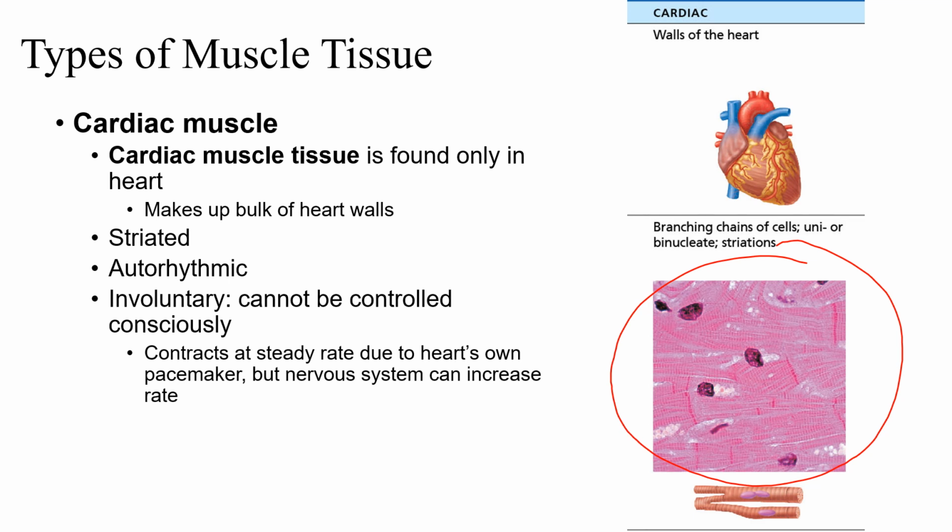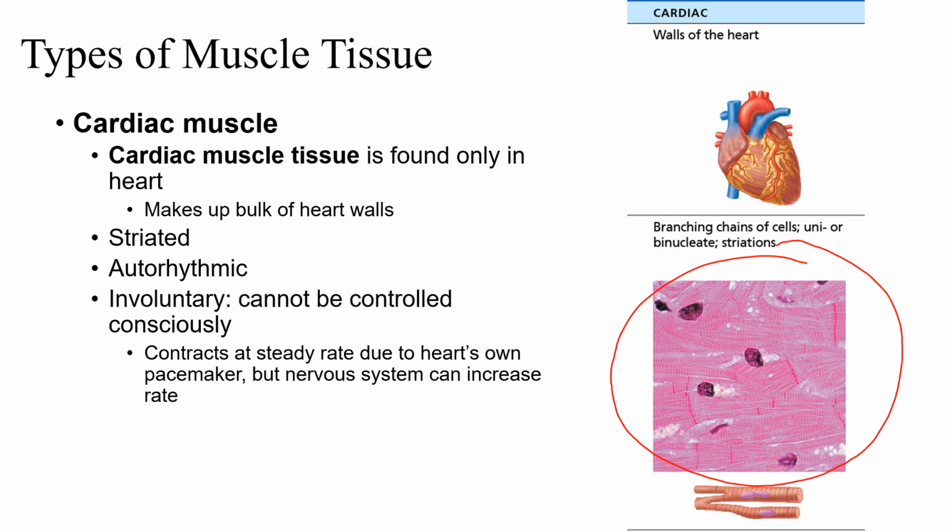Okay, so we won't talk much about the cardiac cycle in this portion of the class, but your heart is going to contract at a steady rate due to the heart's own pacemaker. So there are cells that are going to be in charge of sending out this signal and keeping the heart contracting.